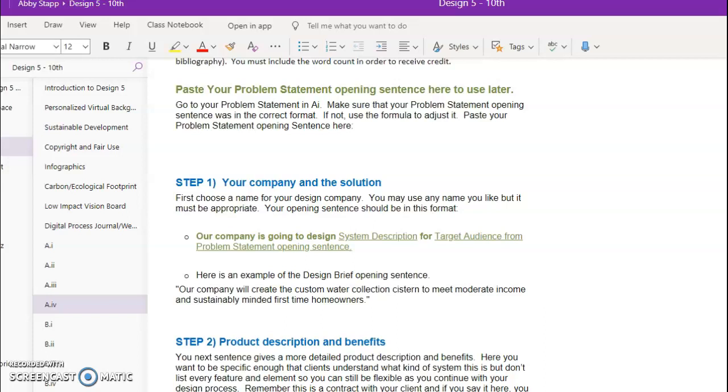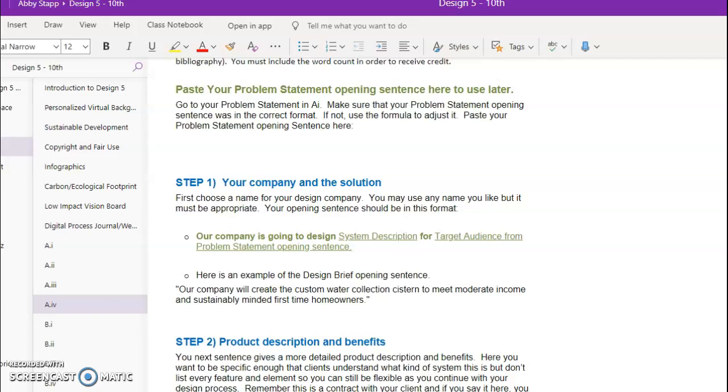I've given you a little formula just like I did in the problem statement, and you can just fill that in. You're welcome to change this up a little bit from my sentence starter, but let's try it. It says here, our company is going to design, and then you drop in your system description for, and then you drop in your target audience that you got from the problem statement.